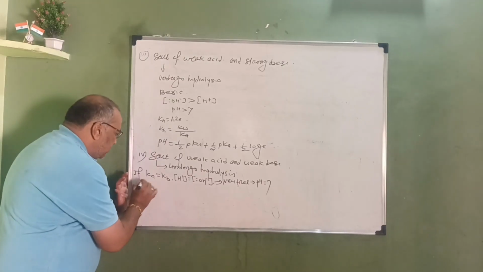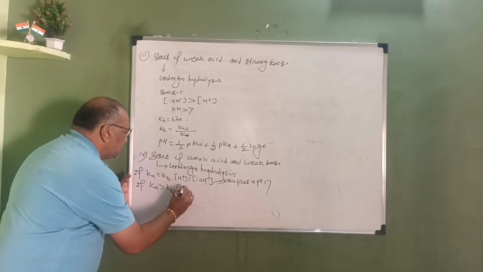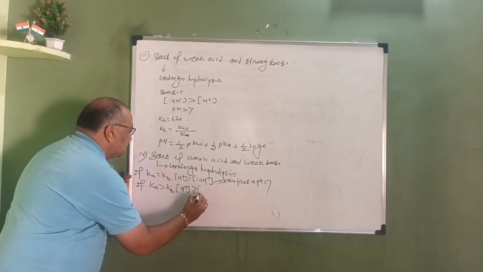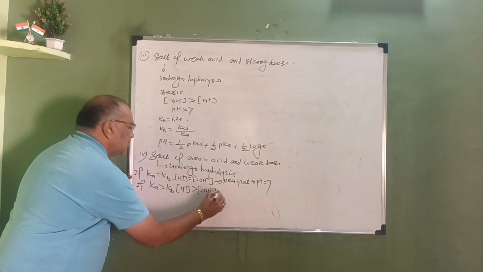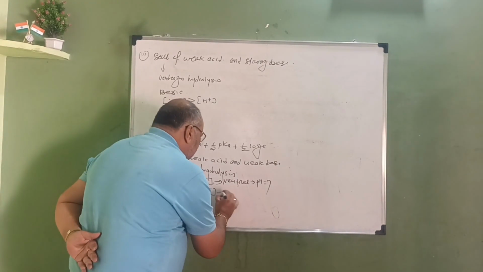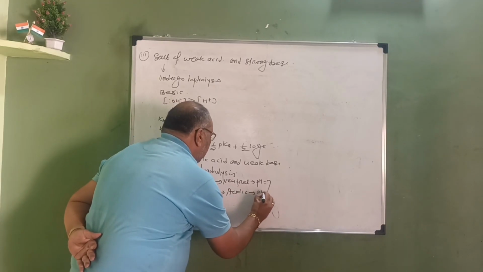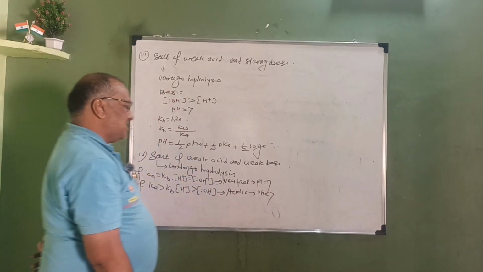Second, if Ka is greater than Kb, that means concentration of H plus ion is greater than concentration of OH minus ion, solution is acidic and pH less than 7.